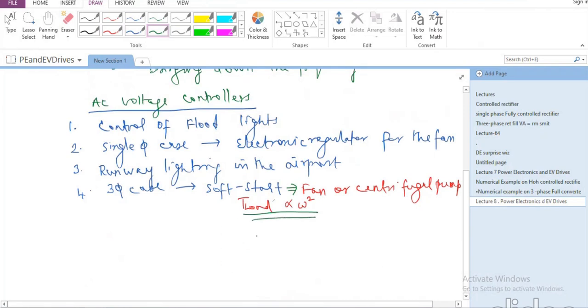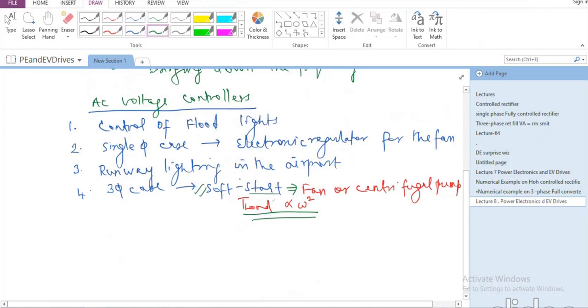So if I don't want really a large load torque during starting condition, then a lower voltage would do the job. In those cases, rather than applying full voltage, you might like to apply only a limited amount of voltage, which will automatically reduce the current drawn as well. So in those cases, soft start is used.